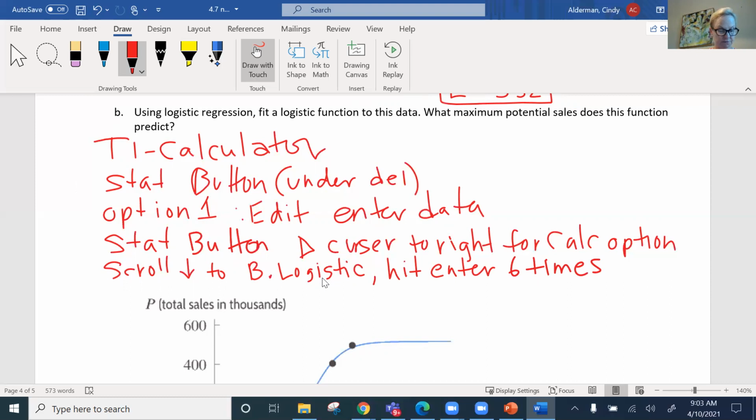Okay, so what it's going to do is come up with something like this. And this tells you what all the parameters are.